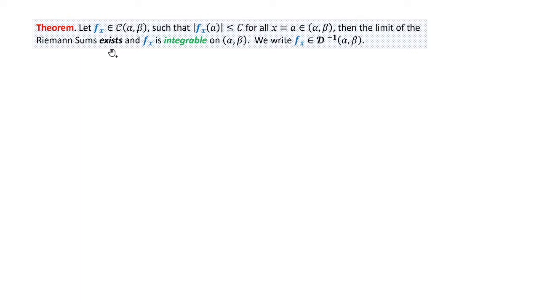So the definite integral exists. And that means that f of x is integrable on this interval. This function is in the set of functions that are integrable, so this function has an antiderivative. That's what this says.